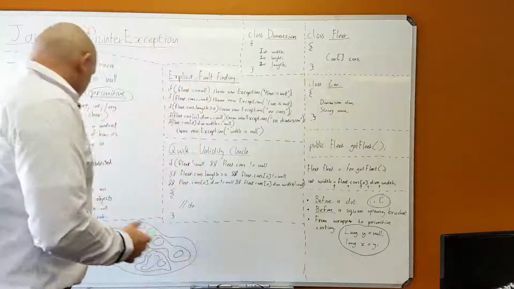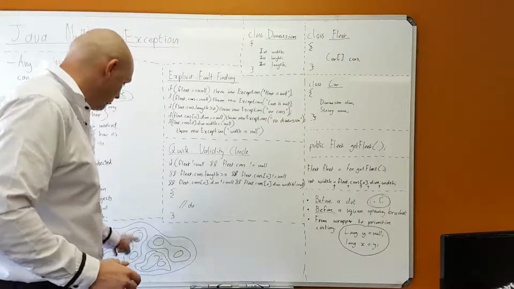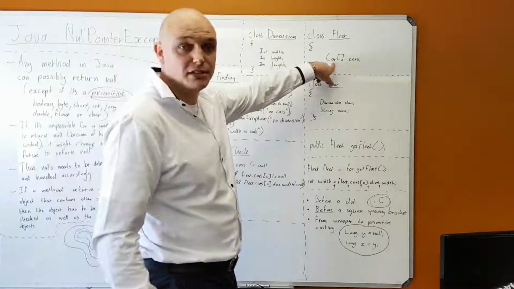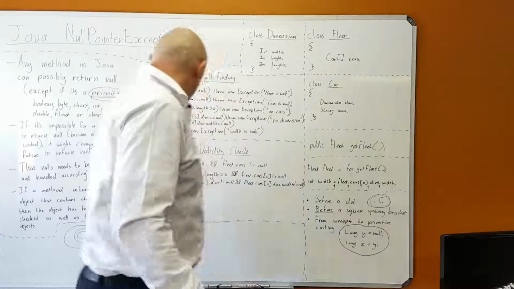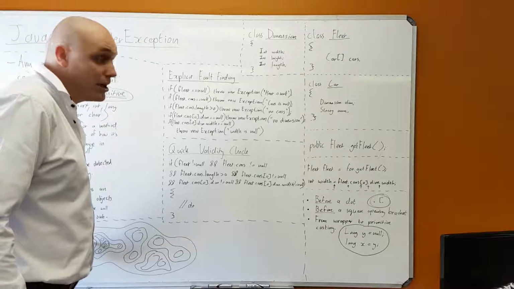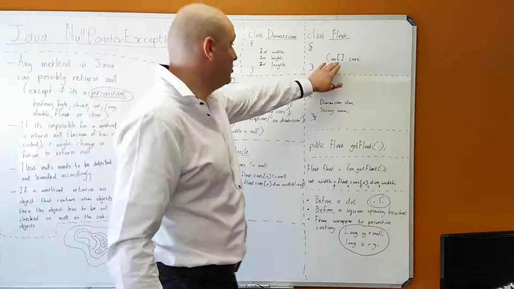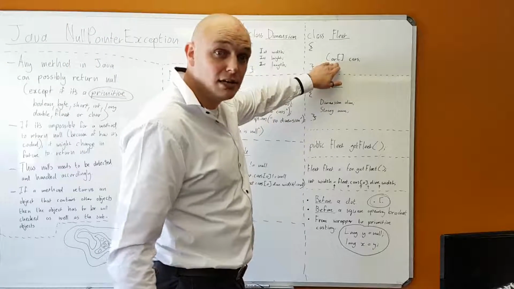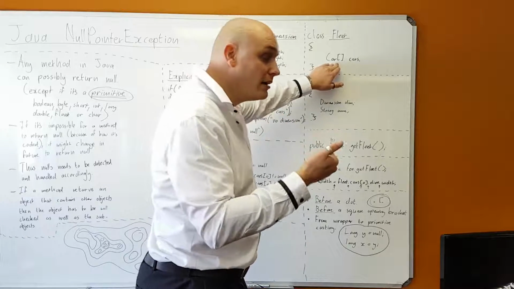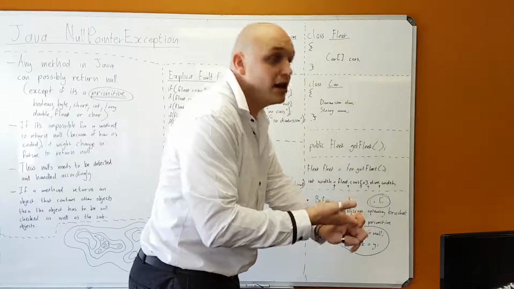Fleet might be the outside one, and maybe that one would be cars. This one is the inner object. Inside cars, you might have 2 cars, which is an array. Remember, actually, there's two levels there. Because it's an array, there's actually 2 levels. There's the array, and then every element inside the array.